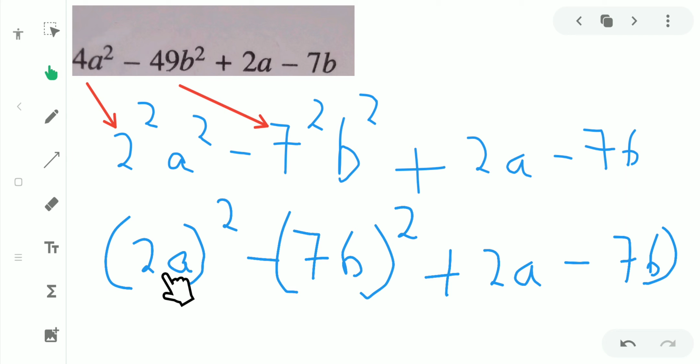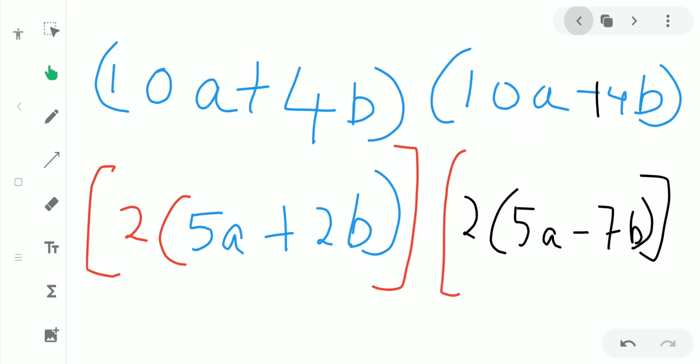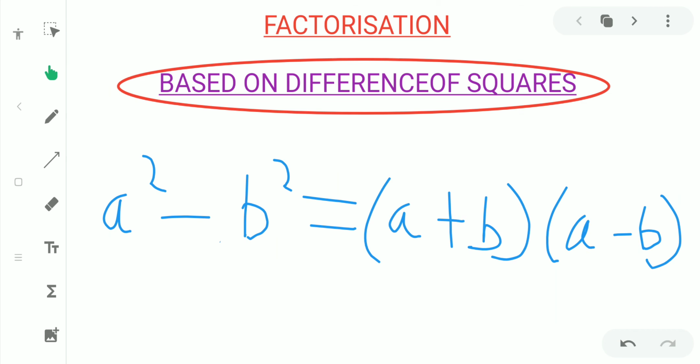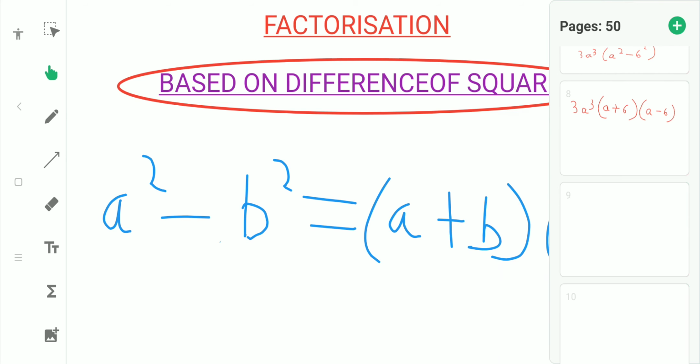Now this is in the form of a square minus b square. 2a is a and 7b is b. So we can assume it as a square minus b square, and we have the formula a square minus b square is equal to a plus b times a minus b.